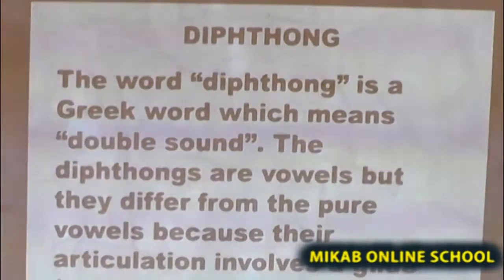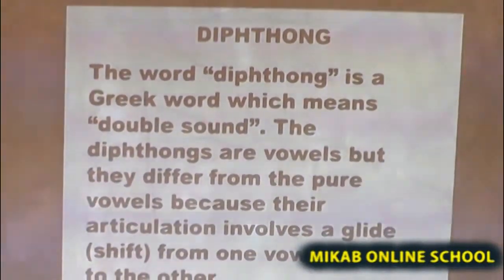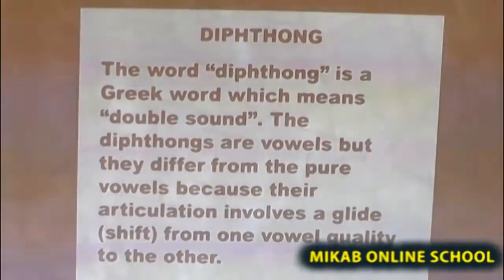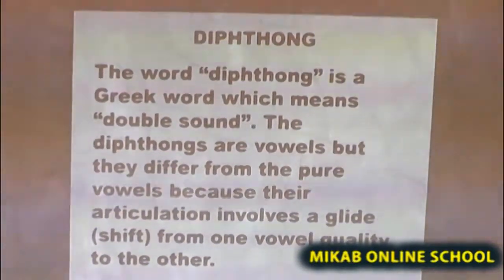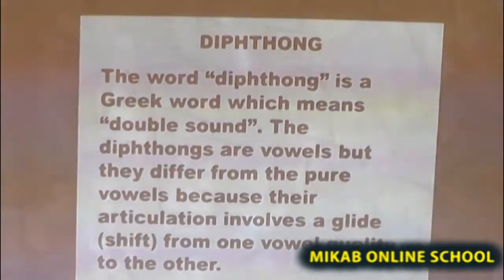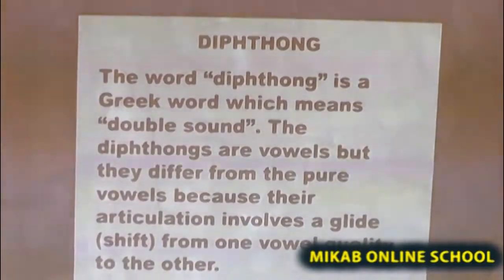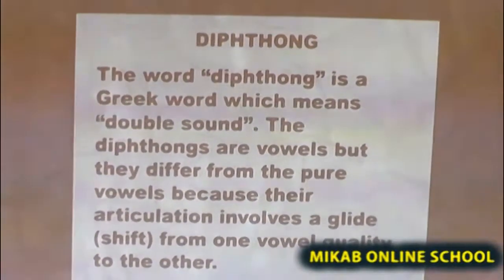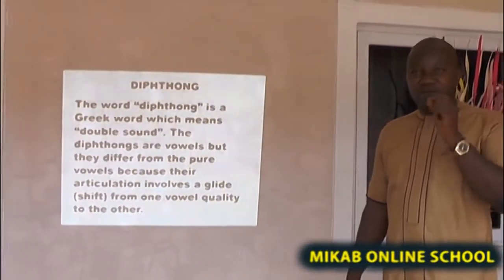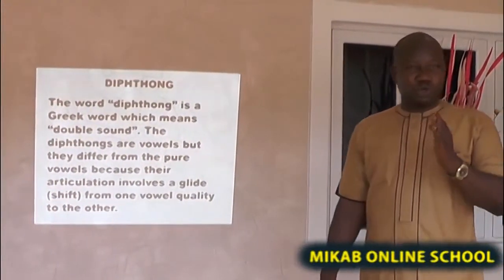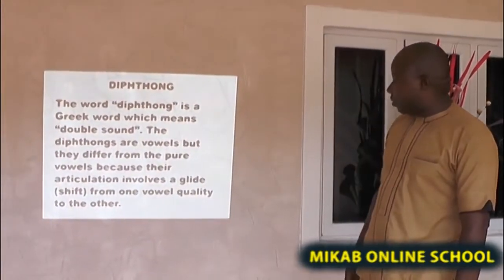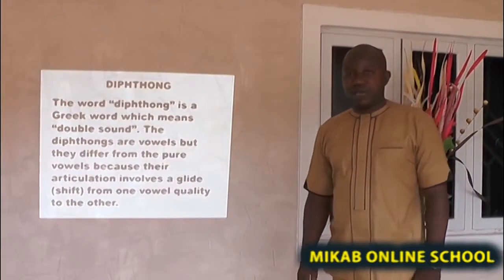Diphthongs are vowels, but different from pure vowels in the sense that their articulation involves a shift from one vowel quality to another quality. That is, when you are pronouncing one vowel sound, you shift from one vowel quality to the other.